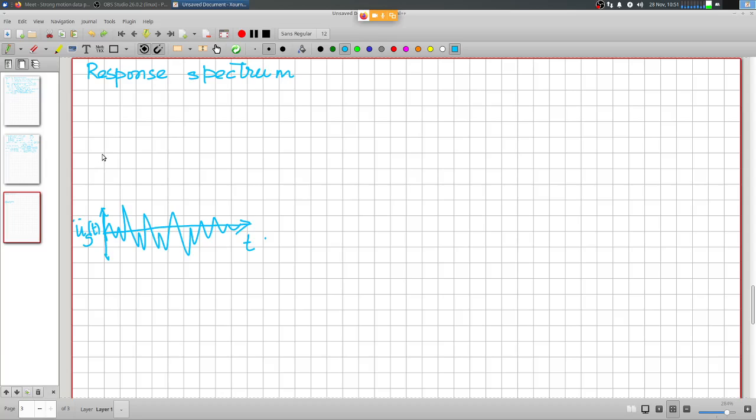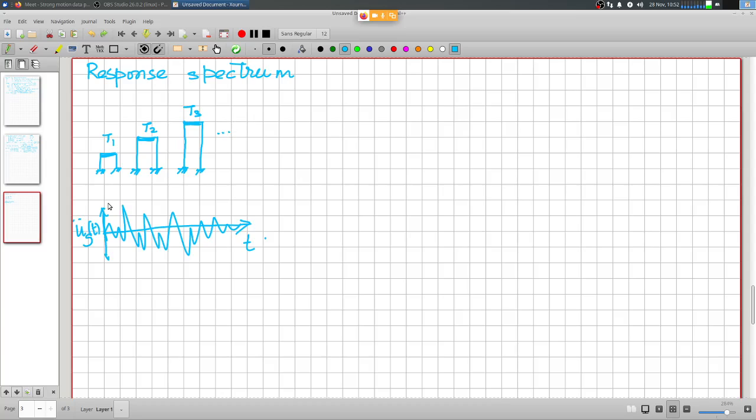Let us say an oscillator with the period T1, then there is a different spring mass system with natural period T2, or omega 1, omega 2, T3, and so on.